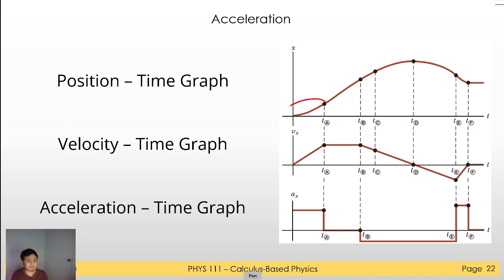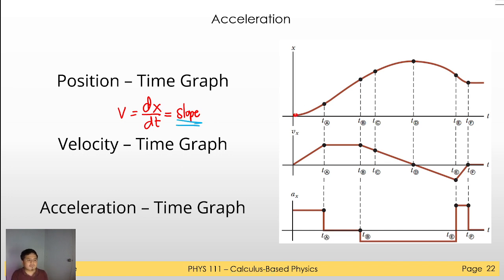What does this mean? We know that the derivative of the position with respect to time is the velocity, which basically means the slope at an instant.